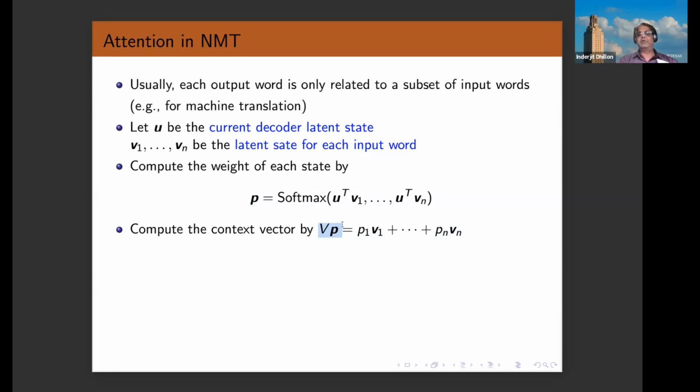So just think about it. Suppose that the current latent state has a very high inner product with the latent state of the first input word. That means that P1, if you do the softmax and this is much larger than the others, remember that softmax is an exponential function, so it'll amplify this kind of difference.